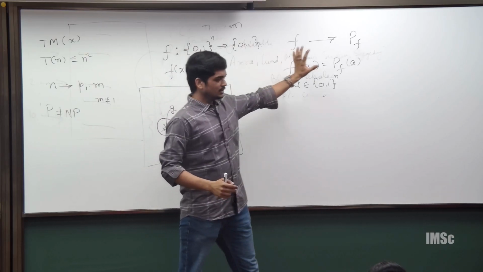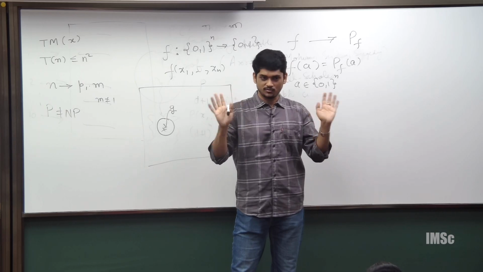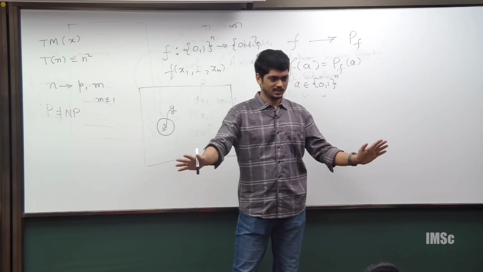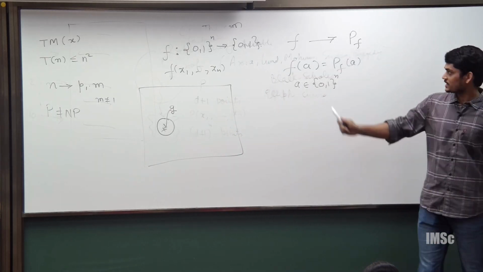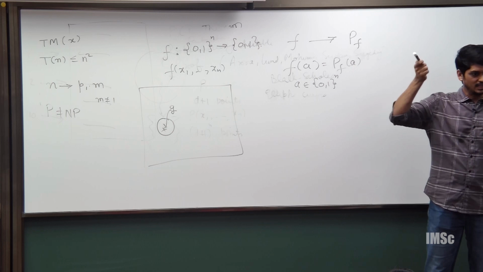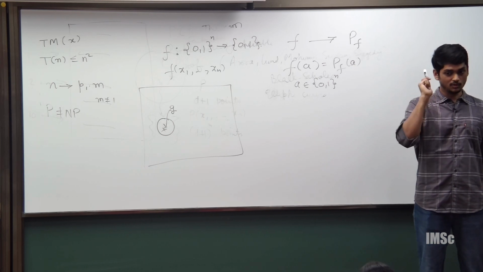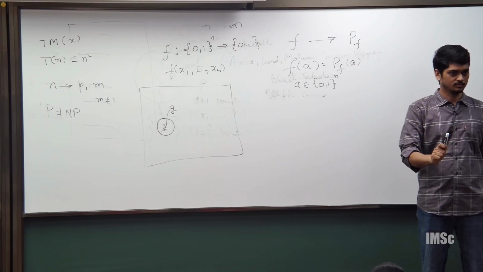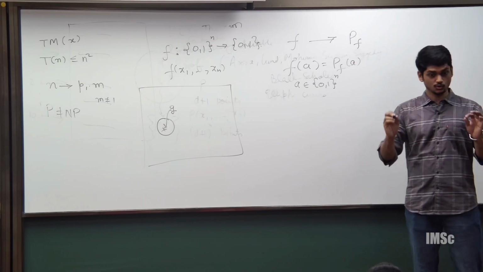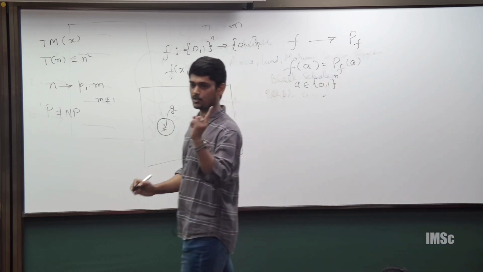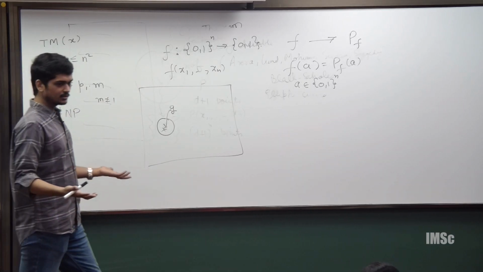But over some structure which is called a field, but you can forget about what a field is, over some structure which is a field, this is actually unique, which is if I tell you what f is, you will only be able to find one pf, and you will always be able to find that one pf, always one and at most one. So to each function you can associate a unique polynomial, and then you can ask what is its degree, right?